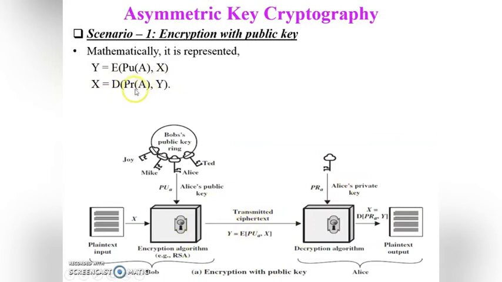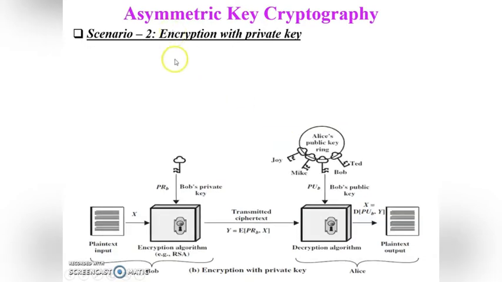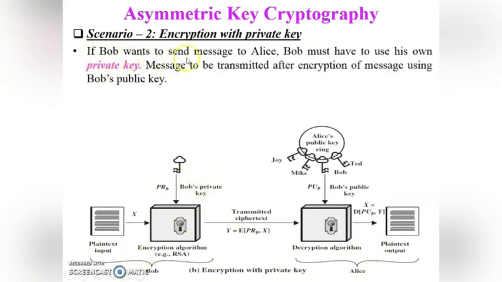Now this is the asymmetric cipher model with encryption with public key. Here Bob is the sender and Alice is the receiver. So there are two users in the network. If Bob wants to send a message to Alice, Bob must use the public key of Alice, because Alice's public key is known by Bob.